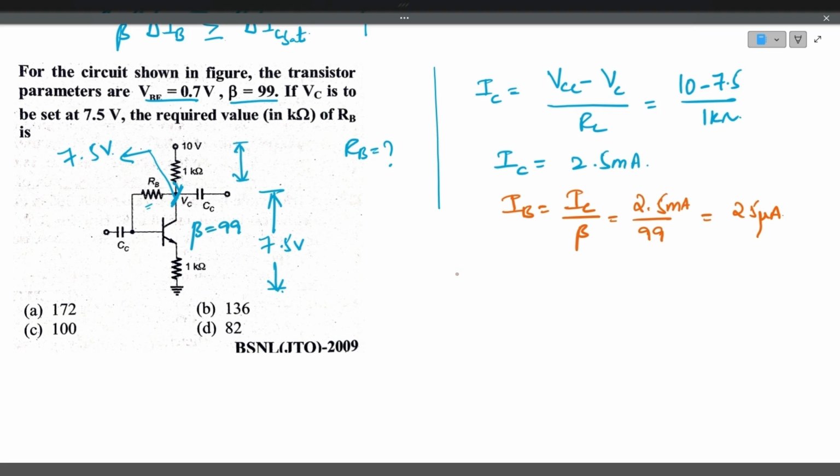So now the emitter current is nothing but the sum of base and collector currents, which will be equal to 2.525 milliamps.